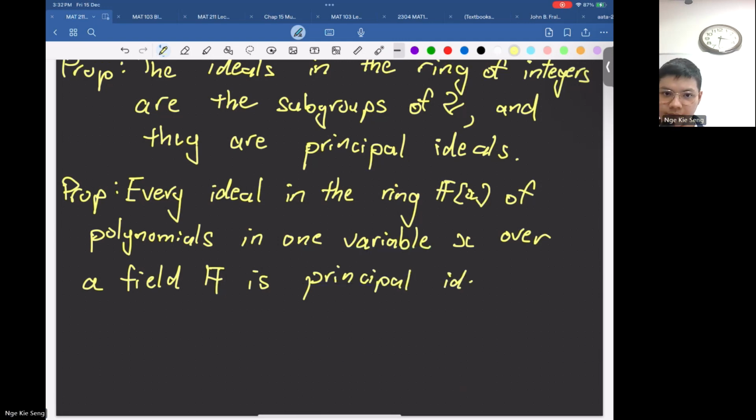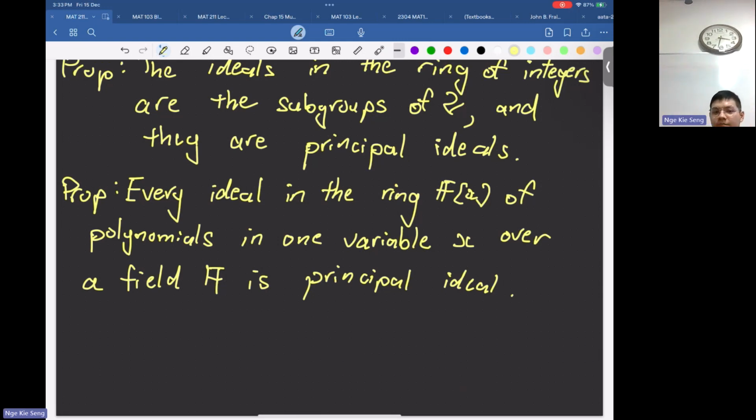Just now we found the GCD of two numbers. But now what should be the generator of this principal ideal?